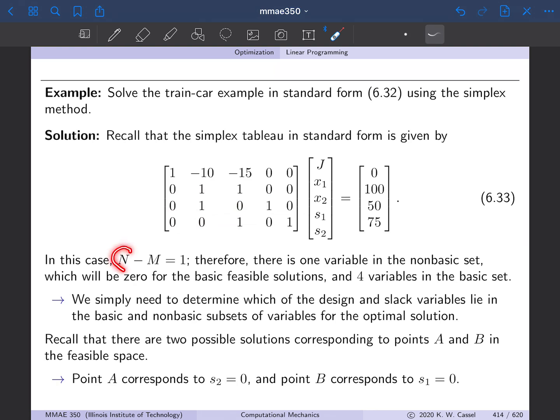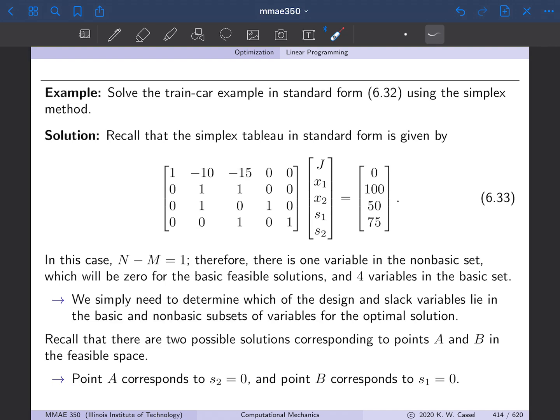Now in this case, n is the number of original variables, which was 2, x1 and x2. M is the number of equality constraints, which is 1. The original equality constraint is the second row. So n minus m is just 1. 2 minus 1 is 1.